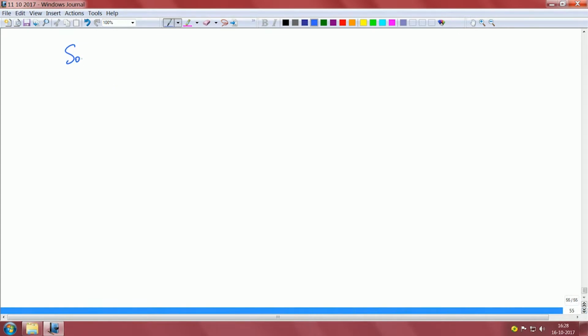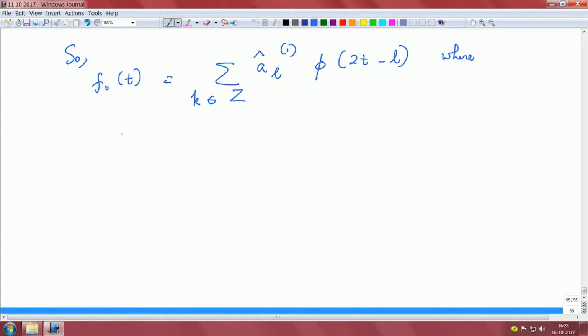Now, f naught of t is basically summation k belonging to Z a l hat, I just put a hat here for reconstruction, phi of 2t minus l, where this a l hat belonging to scale 1 is a k 0 if l equals 2k.